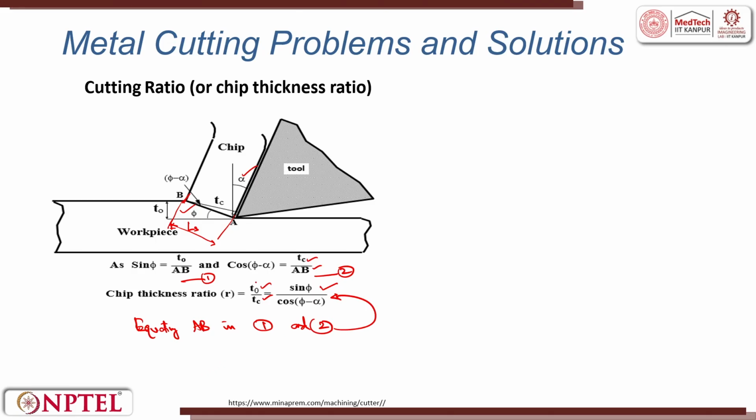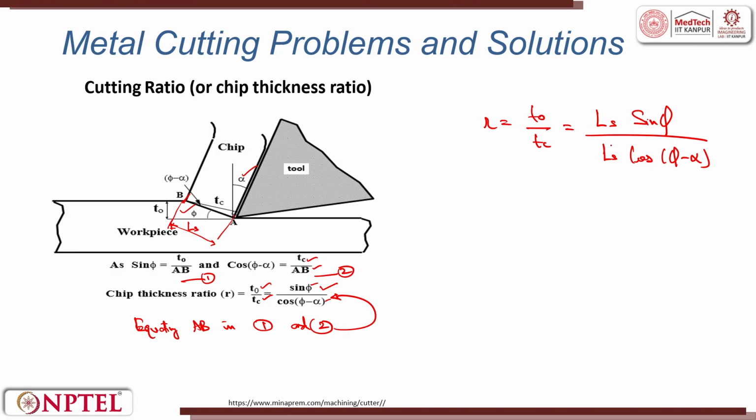And this is our relation that we will use to find the shear angle, to find the rake angle, to find sometimes the cut chip thickness that will be obtained. Also, the ratio, that is T naught by TC, the cutting ratio, is equal to LS into sin phi by LS into cos of phi minus alpha.